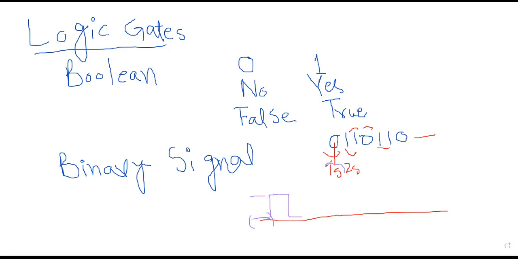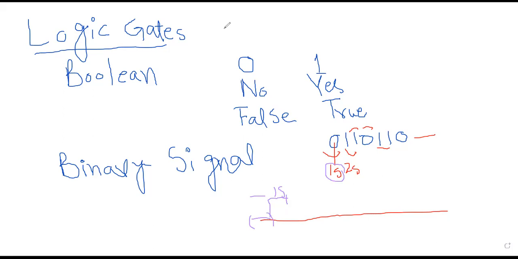It is described as 1 second. For 1 second my output is 0, so it will be shown like that. Then for the next second it is 1, so it will be shown here. Then also 1, so my third signal is also 1, and it ends here.